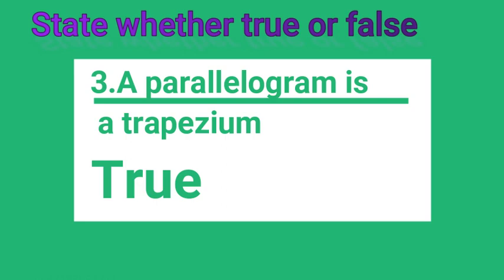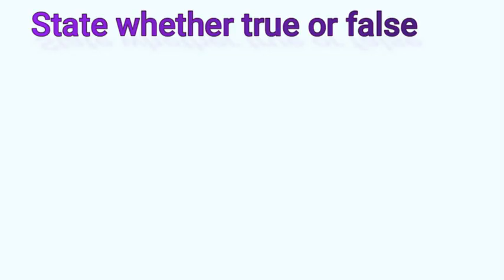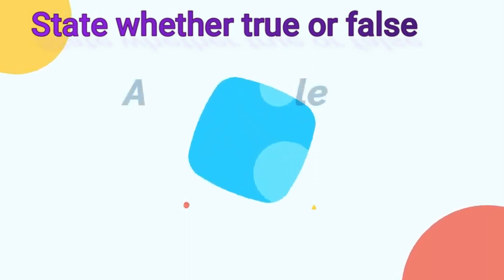Now, can you tell, a rectangle or a rhombus is not a square? Actually, is it true or not? Yes, it is true, but not always.